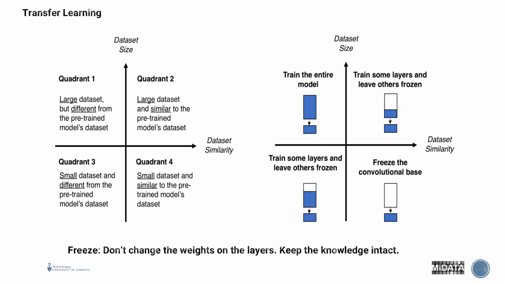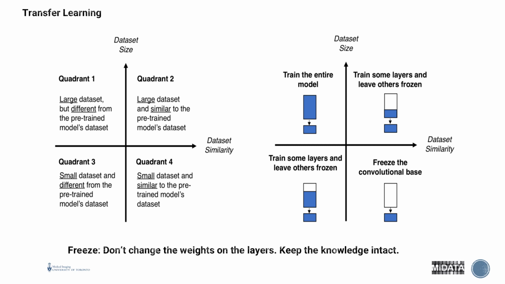For instance, quadrant 2 is when you have a large data set, but the data is similar to the pre-trained data set. Then you train some layers and leave others frozen. Quadrant 3 is you have a small data set, bummer, and it's different from the pre-trained model data set, so that means you train some layers and leave others frozen again.